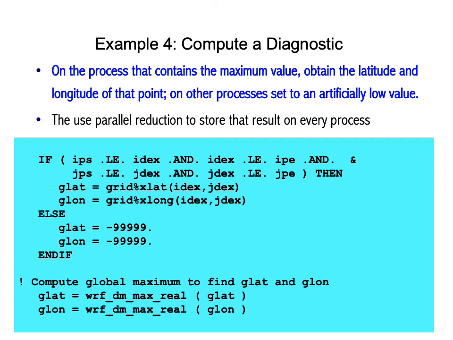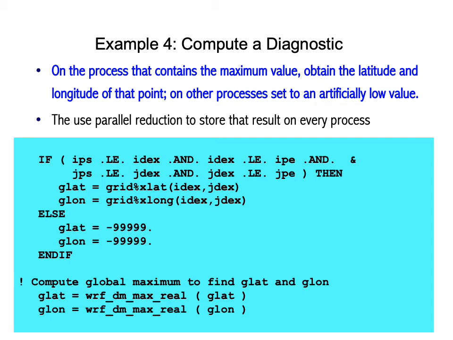For this example, we specifically chose to require the latitude and longitude be part of the printout. So it is a single call to a built-in function to the WRF model to get a sum of all of the individual local sums from each of the MPI tasks. It is a single subroutine call to get the maximum of the entire grouping of MPI tasks and the I and J index.